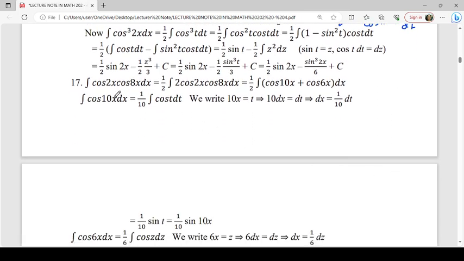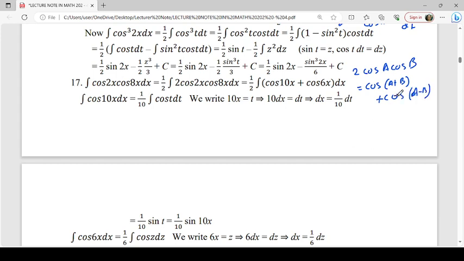Now this is also a trigonometric result: cos 2x cos 8x. What is the result? Do you remember? I am applying here 2 cos a cos b is equal to cos of a plus b plus cos of a minus b.